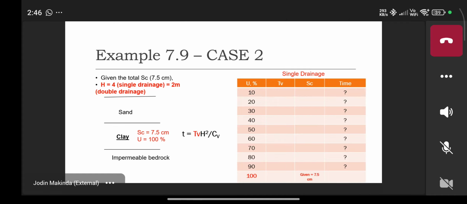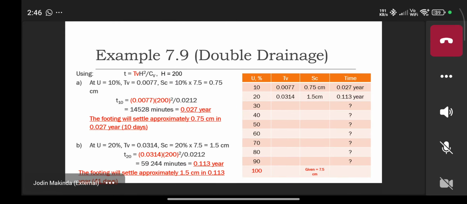For case 2, also the same, but in this case, we look into the H. H is different. For single drainage, H is still maintained as 4 meter because water flows in one direction only. Right. So the solution for case 1 is as follows.